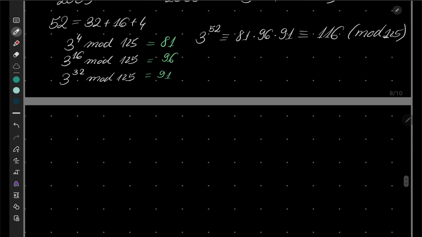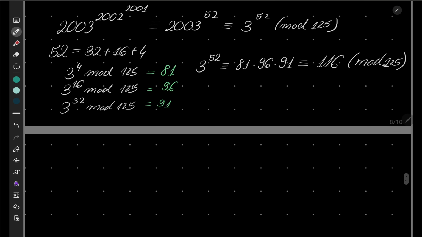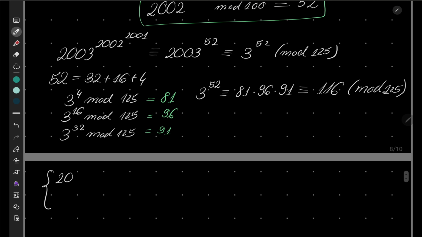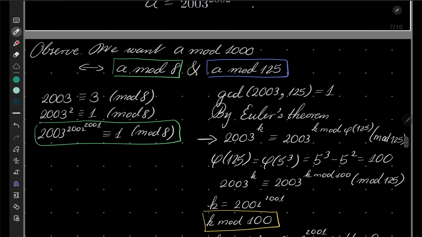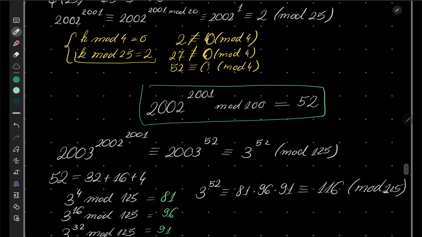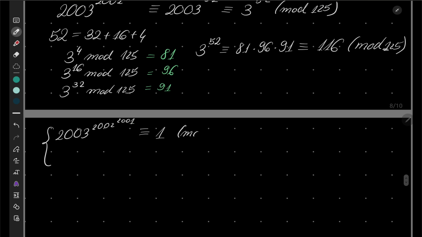So we have established that 2003 to the power 2002 to the power 2001 is congruent to 1 modulo 8, and also the same number is congruent to 116 modulo 125.